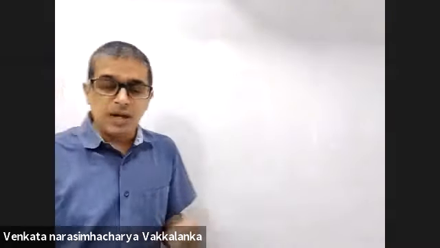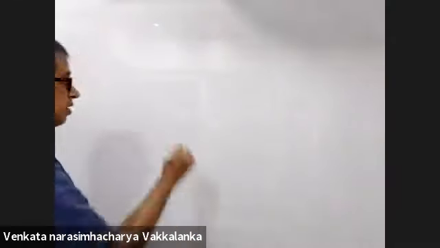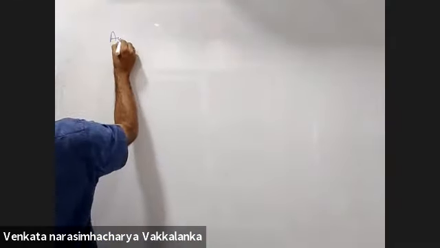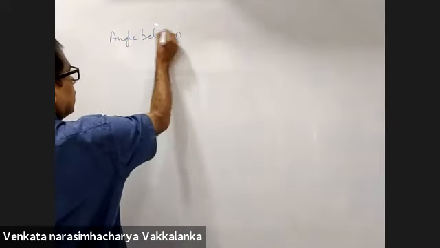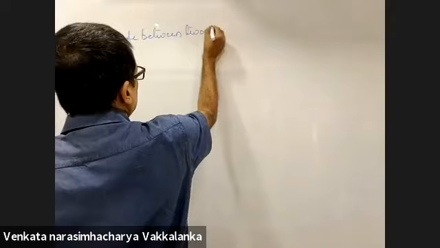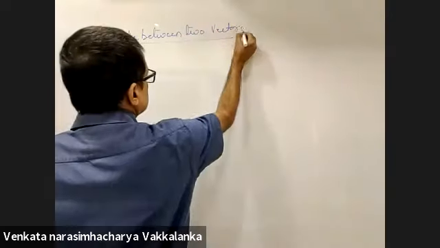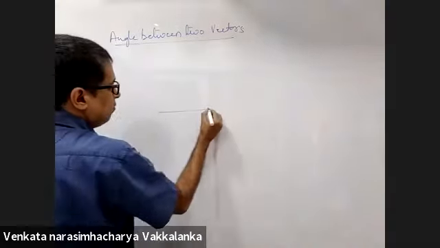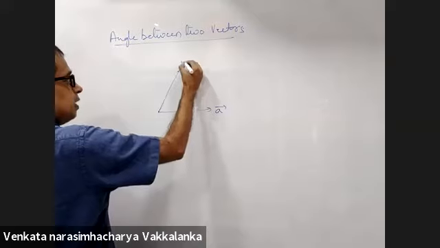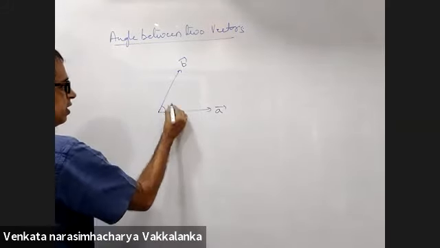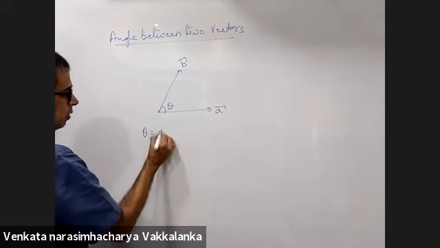Now listen, one small thing before we go into addition of vectors. Angle between two vectors. If this is a vector A and this is a vector B, it's very easy for me to see that theta is the angle between them.